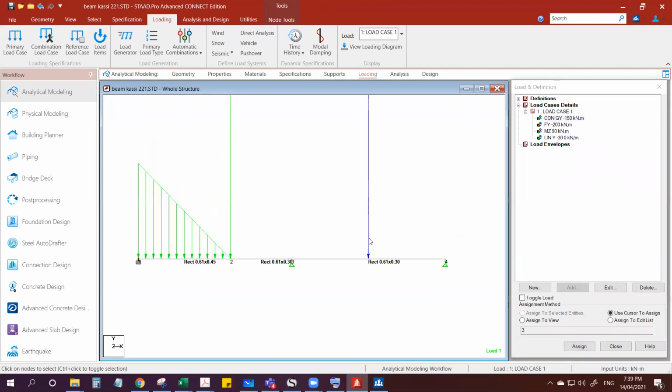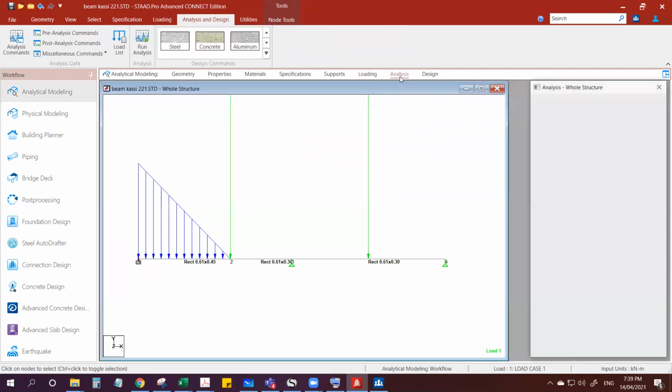So this is the 150 kilonewton, 200 kilonewton is here. Moment 90, I cannot see here. Maybe when applied later, or I can just scale the loading diagram. And for the 30 kilonewton meter triangular load, this is our loading. And that's it. We can analyze this already.